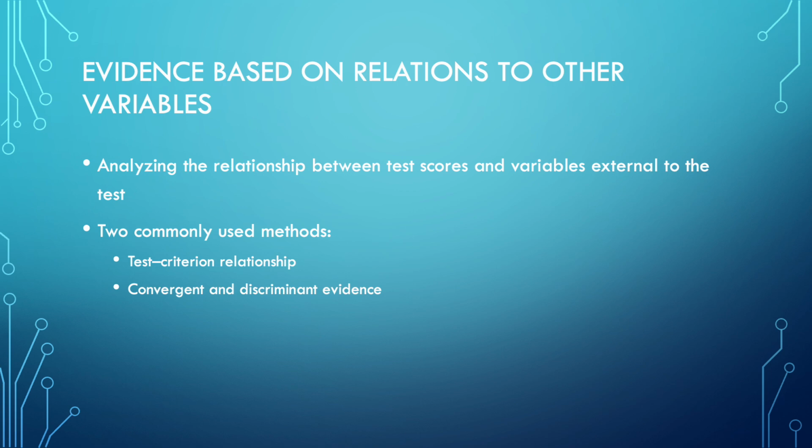So we have 2 commonly used methods to measure our evidence based on other variables, and that's our test criterion relationship and convergent and discriminant evidence. We will talk more about those, but the biggest thing is that the external variable is a measure or test that assesses the same or different constructs that the test is supposed to measure.